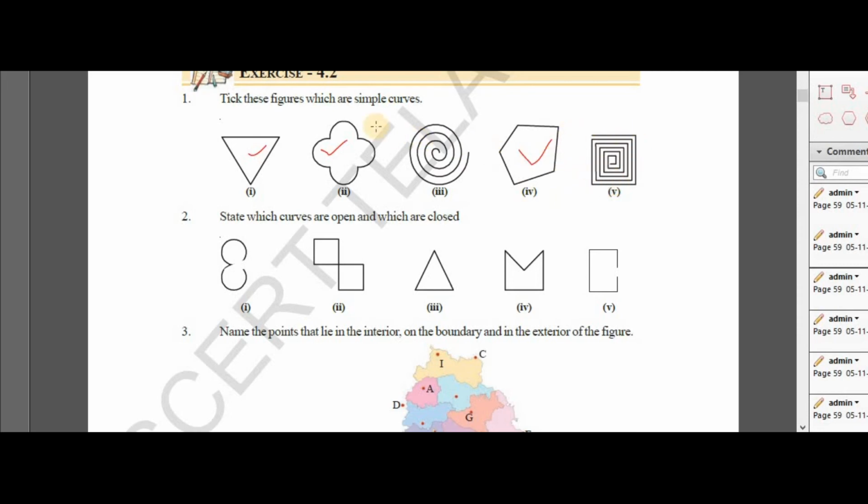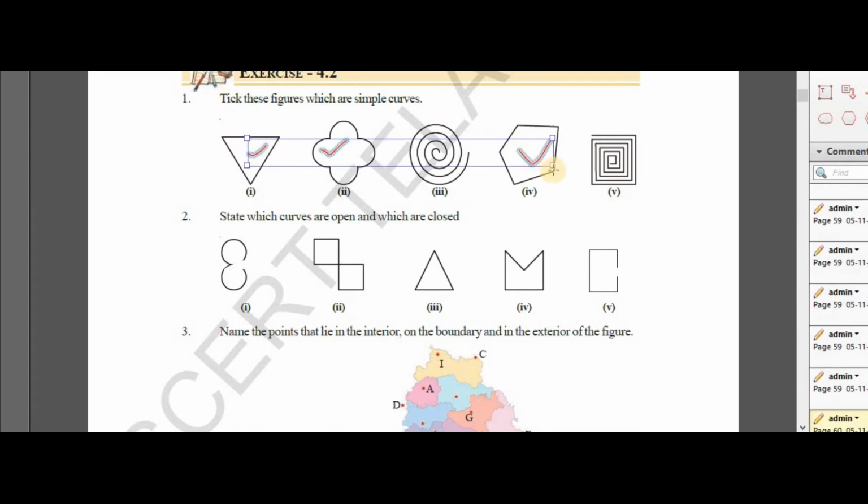He has just asked for simple curves only, not whether closed or open. So all are simple curves except the first one and the fourth one. Why are the first one and the fourth one wrong? Because these belong to polygons, they are not simple curves.